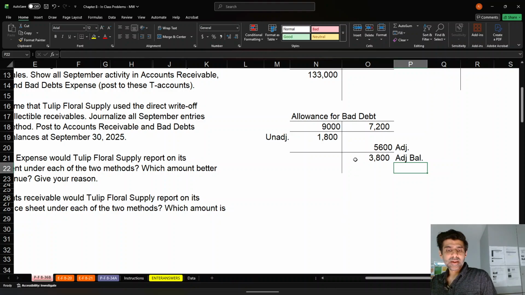This is valid. But the problem is that since we had underestimated in the previous period, our piggy bank has been kind of diminished for that mistake, right? Because we're saying just based on this month's sales, we expect $5,600 to be bad debt, but our piggy bank only has $3,800 in it because we didn't do a good job estimating in the past, right?